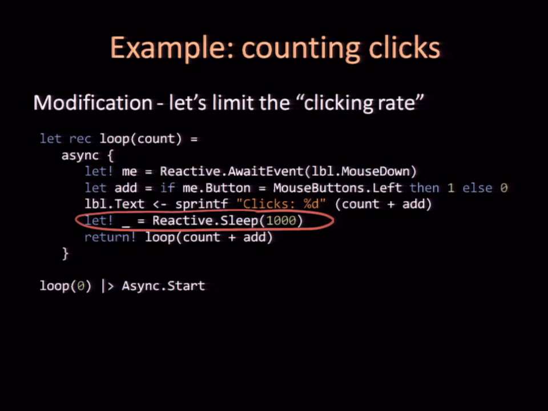And when the first block reaches this let bang point, it just runs some primitive that you wrote. That's the await event. And await event registers a handler for the event. And the event triggers the handler on the GUI thread as well.